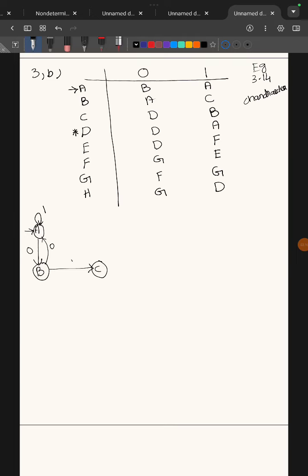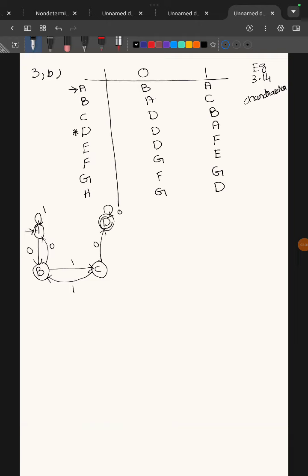C on reading 0 goes to state D, and on 1 it goes back to B. D on reading 0 stays at D itself.